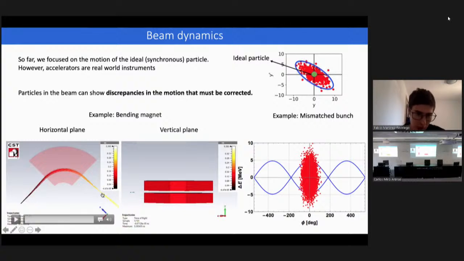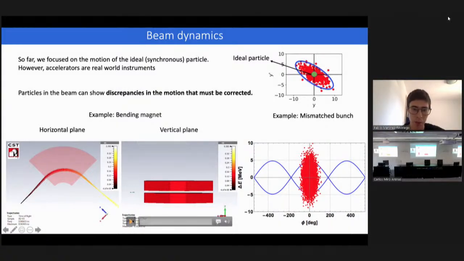You can see here that the Y of the beam gets smaller again, but however, in the vertical plane, this bending magnet does nothing. So we will have a continuous spreading of the beam, and this can translate into particle losses along the acceleration path. We have to avoid that.